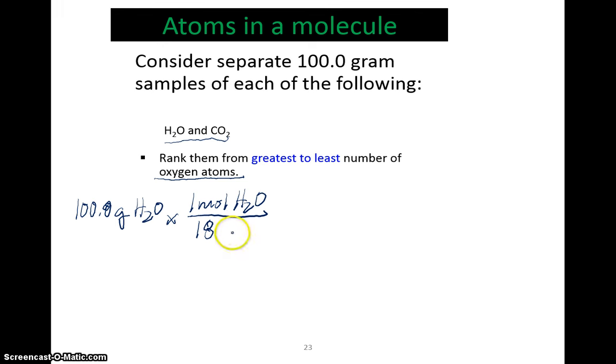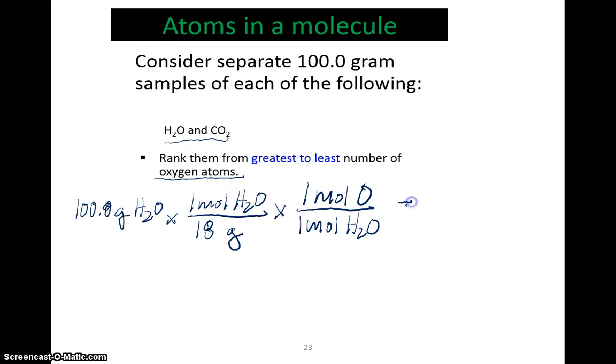Now remember, in this problem we're not calculating out a value, right? We want to just rank them from greatest to least. Therefore, it's not very important for us to use a lot of sig figs in this molar mass, right? So we have 18 grams per mole, and then we know that for every 1 mole of H2O, we have 1 mole of oxygen atoms.